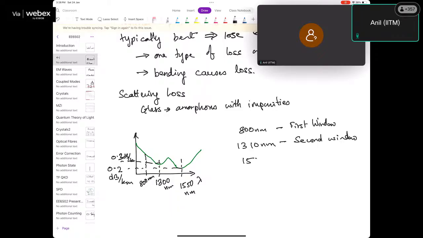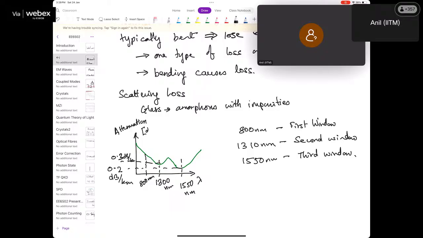And we have 1550 nanometers, which is our third window. On the y-axis out here is what we call attenuation. Its units are decibels per kilometer.